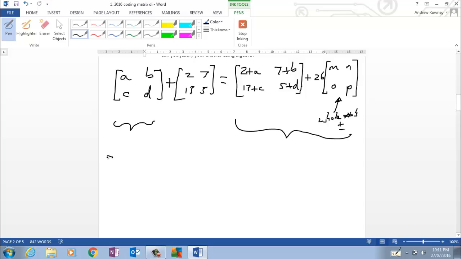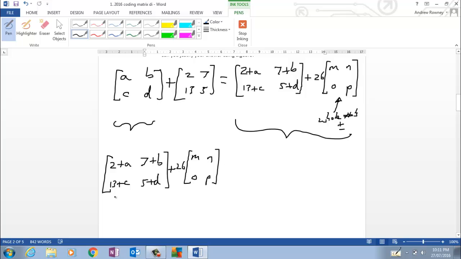So what the receiver would do is, they've actually got this matrix here, 2 plus A, 7 plus B, 13 plus C, 5 plus D, and also they've got the multiple matrix added on. I'll keep it as a separate matrix. You could have written that as 2 plus A plus 26N, 7 plus B plus 26N, all as one matrix, but I'll just keep it like this for simplicity at the moment.